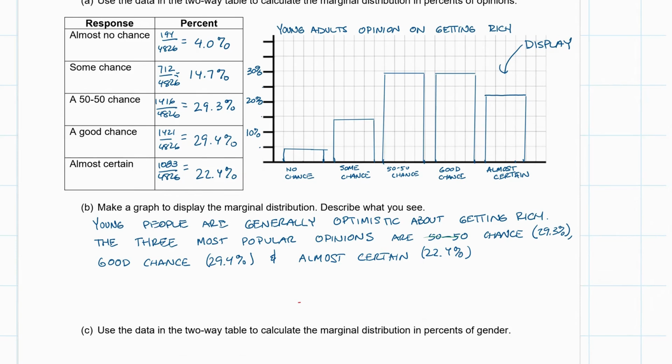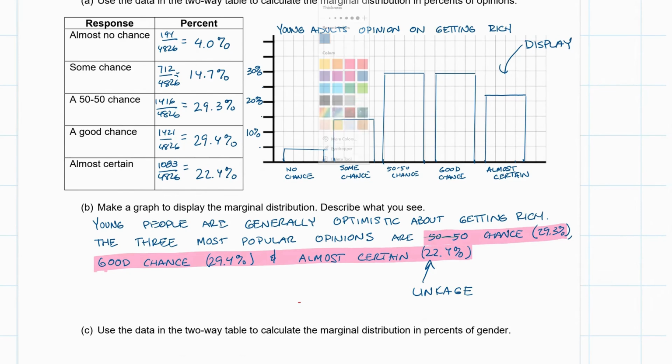Okay. Now, this thing that I did here, taking the summary that I said, and then saying, this is why I think this. This has a special name. This is called linkage. And good answers like this have linkage.